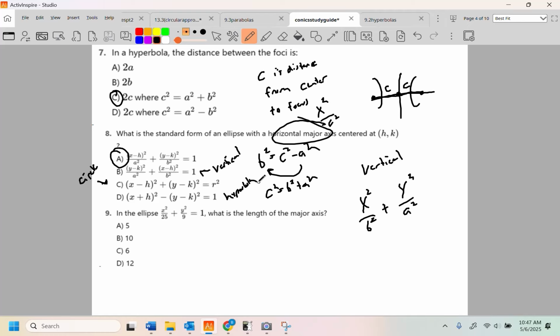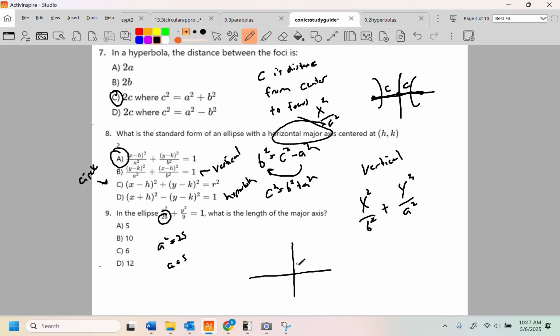All right, moving forward. In the ellipse x squared over 25 plus y squared over 9 equals 1, what is the length of the major axis? It's going to be that piece right there. A squared is 25, so A is 5. Now, that is not the length. Let's think about the graph here.